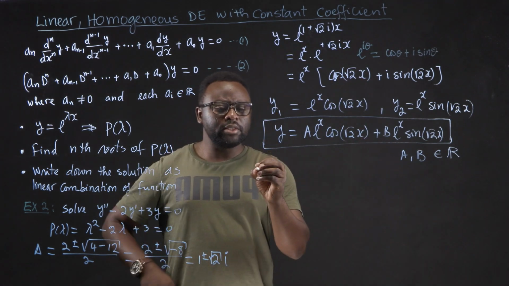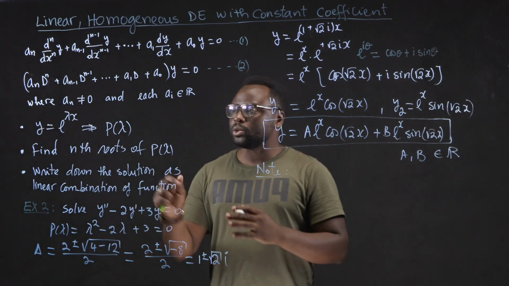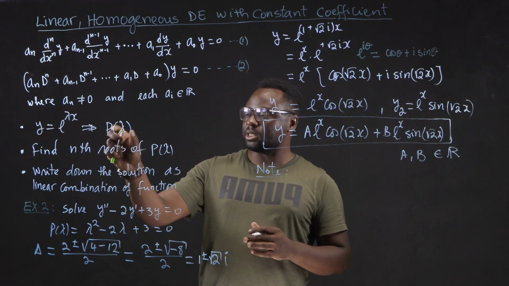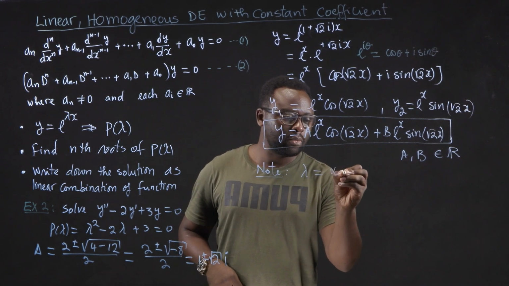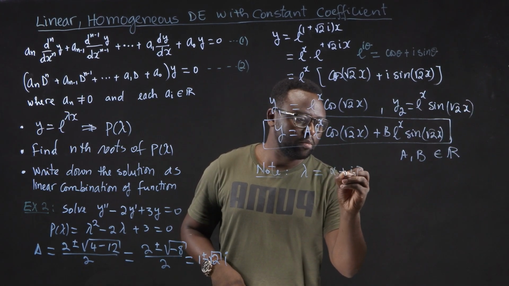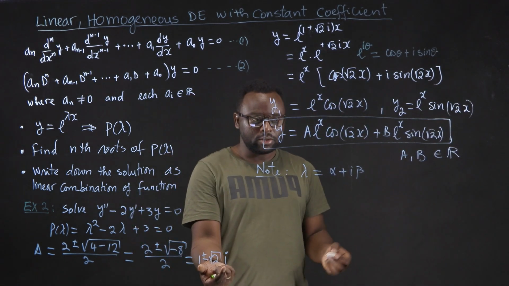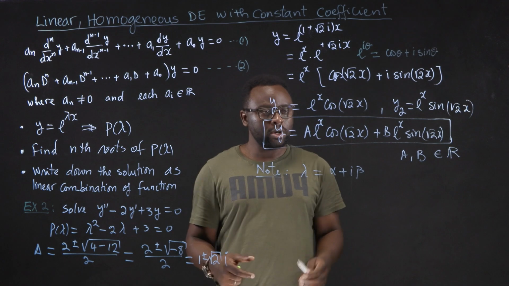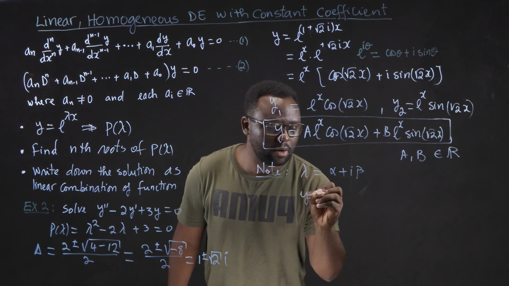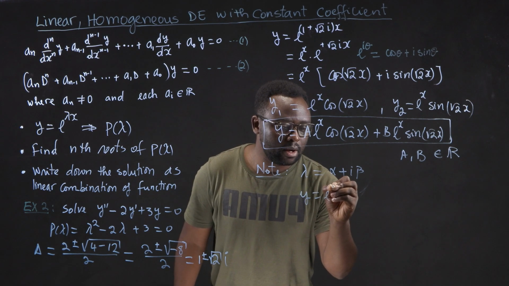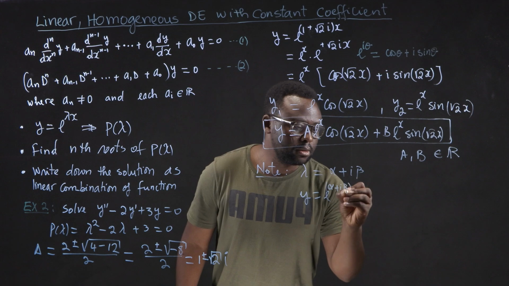So take note of this. This is very important. Every time when you solve the characteristic, the auxiliary polynomial, if you obtain lambda is equal alpha plus i beta, so this is complex value. The example is what we have here, okay? So when we solve, we obtain this form. The general solution is the following: y is equal e to the power alpha plus i beta x.